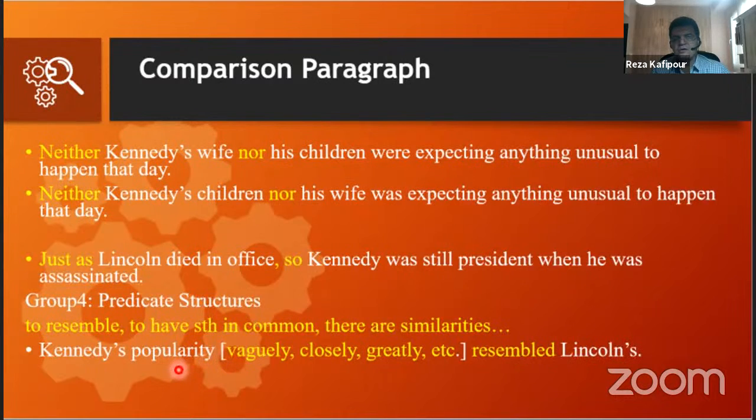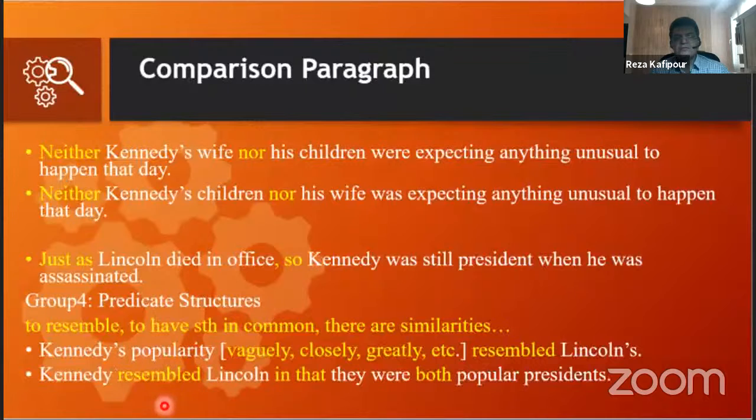So it shows that we are comparing Kennedy and Lincoln based on their popularity. So this is the basis of comparison here. So we use a predicate structure or verb to show similarities between two persons, Kennedy and Lincoln, and the basis of comparison is popularity.